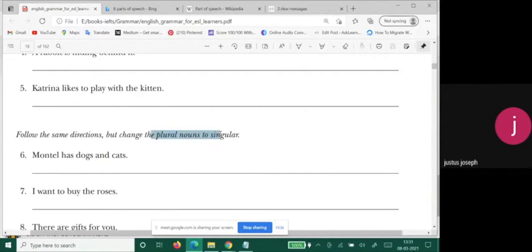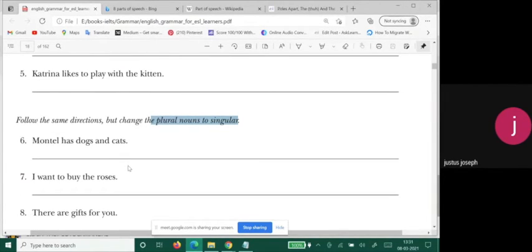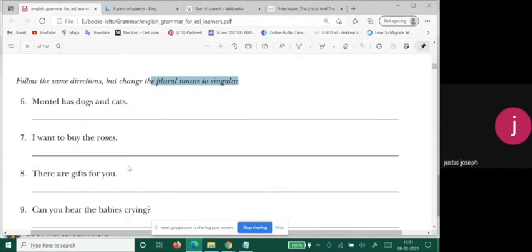You have to change plural to singular. Montel has a dog and a cat. Okay, you will write it a dog and a cat. That's how you will write it. I want to buy a rose. There is a gift for you. A gift for you.